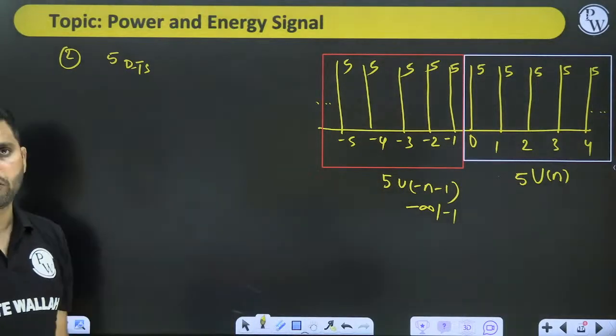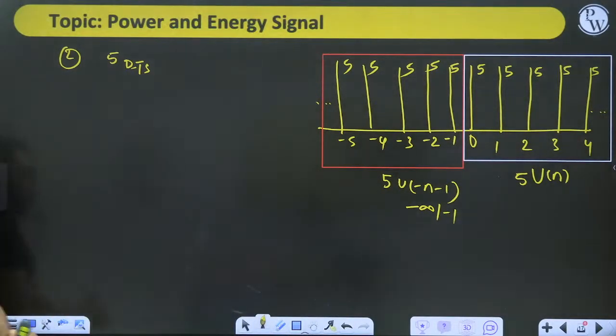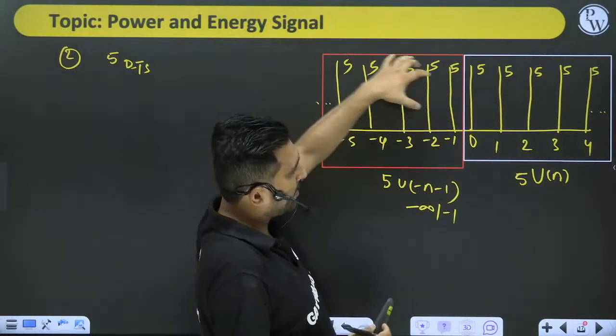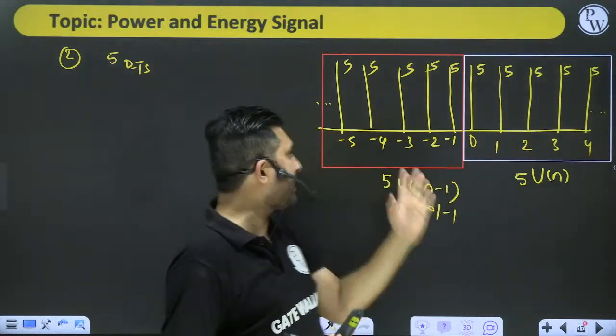Just now I have told you. So 5 u[-n-1] is the factor. So it is not required in this problem.